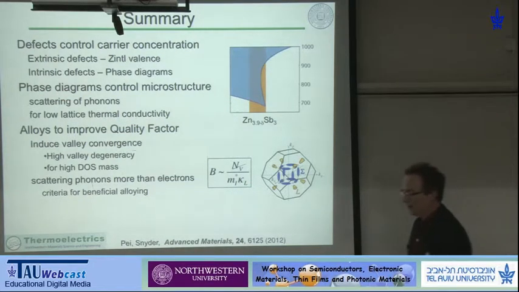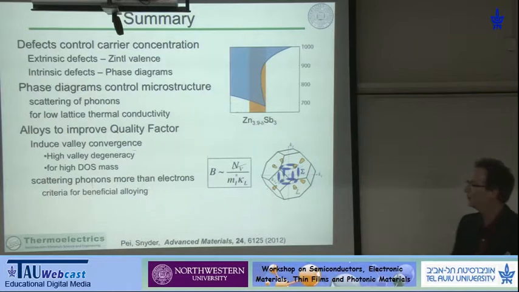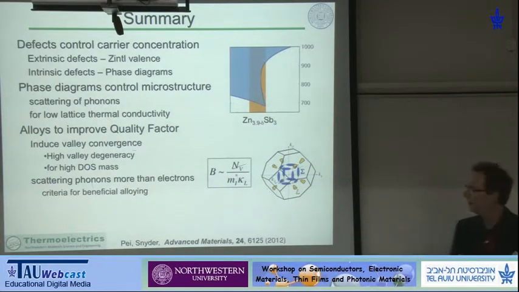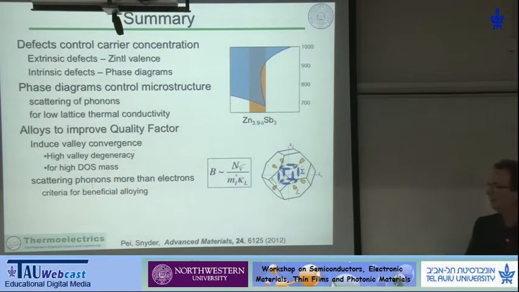And then in order to optimize the material as a whole, we need to focus on the quality factor of the material, which includes these 3 parameters. We need lots of carrier pockets, high valley degeneracy, so a Fermi surface with many different pockets in it.